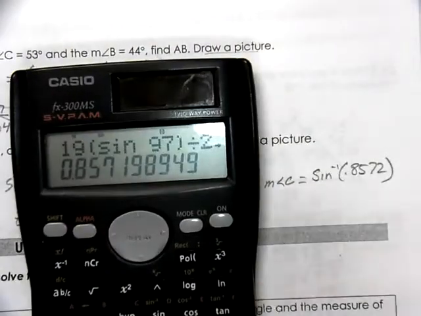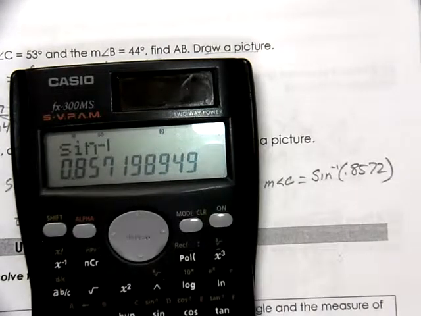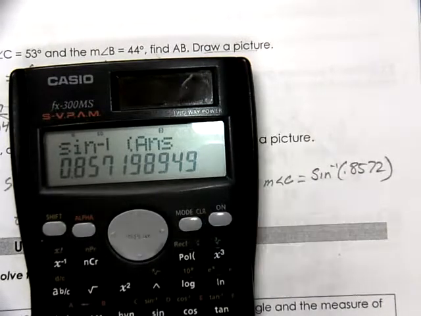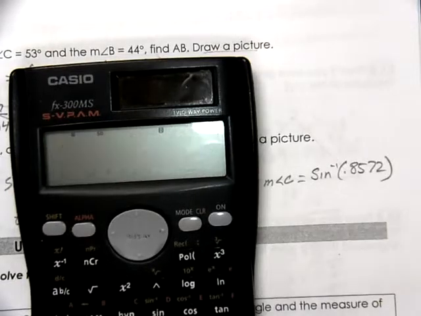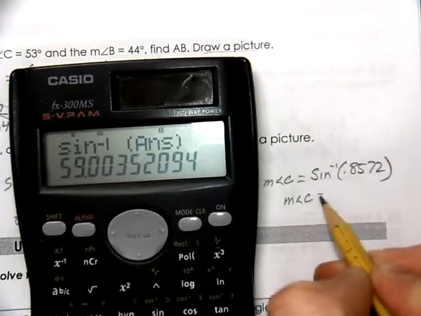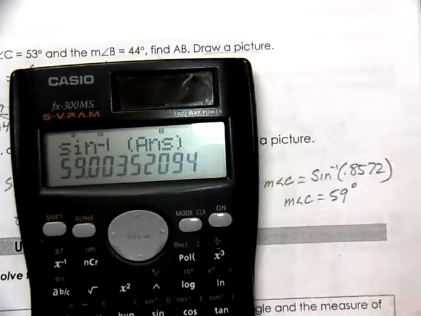To calculate that, we'll use shift or second sine. Now I'm going to use the answer key because I want that whole decimal and all the numbers to be involved. And that gives me that the measure of angle C is 59 degrees.